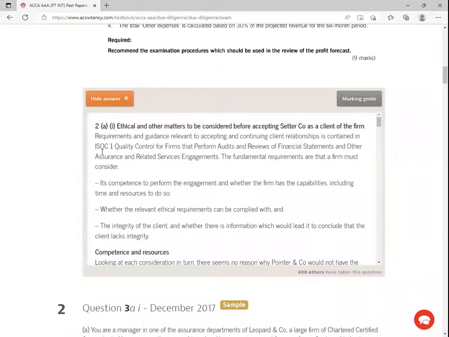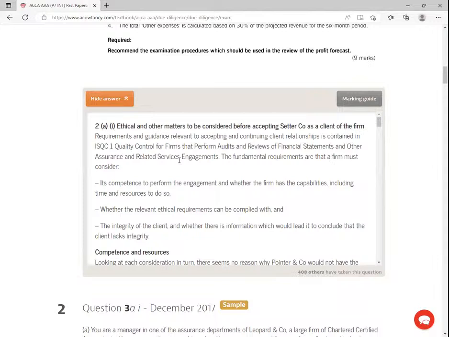Nowadays, like last semester, they asked students about things they could not see. This standard gives recommendations about the quality standards and quality processes. ISQC 1, quality control for firms that perform audit and review of financial statements and other assurance and related service engagements.